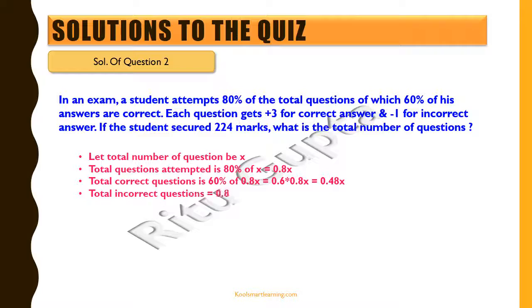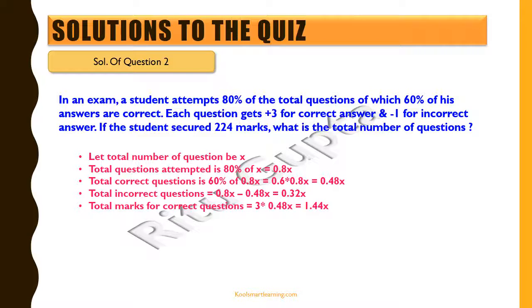Now the total incorrect question would be the questions which have been attempted but have been attempted incorrectly. So that would be the total number of attempted questions minus the total number of correct questions, which is 0.8x minus 0.48x, which makes it 0.32x, the incorrect questions.